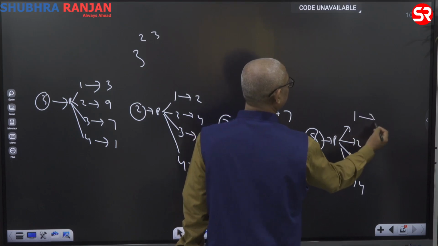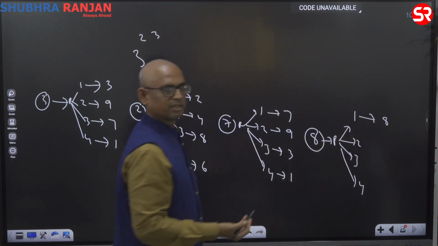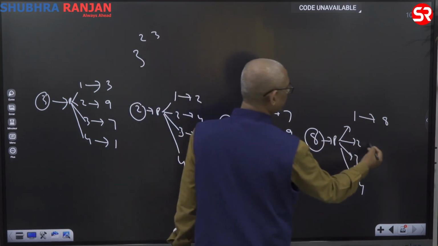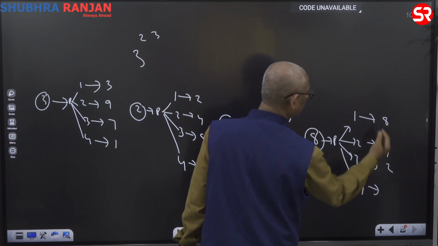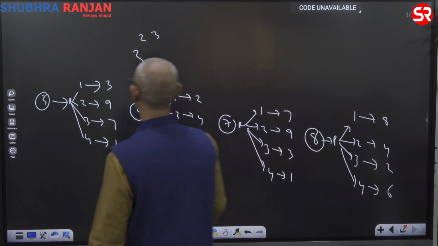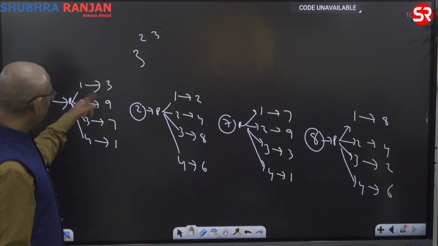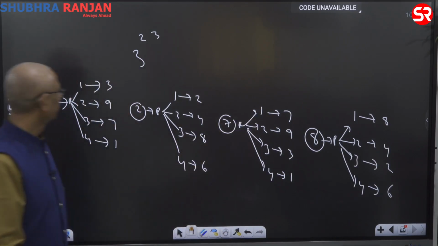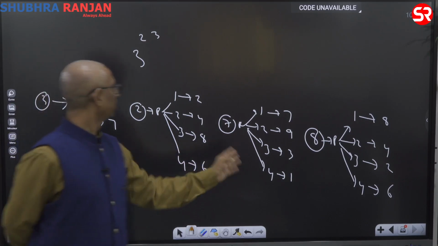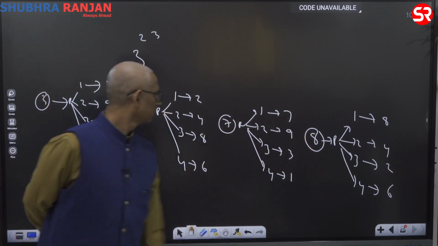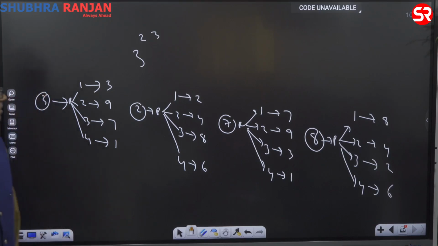Power 1 will be the same, that we know. Square means 4. Next, linked number for 8 is 2. Linked number for 4 is 6. So 8, 4, 2, 6; 2, 4, 8, 6; 3, 9, 7, 1; 7, 9, 3, 1; 9, 1, 1, 4, 4; 6, 6. Okay, got it?